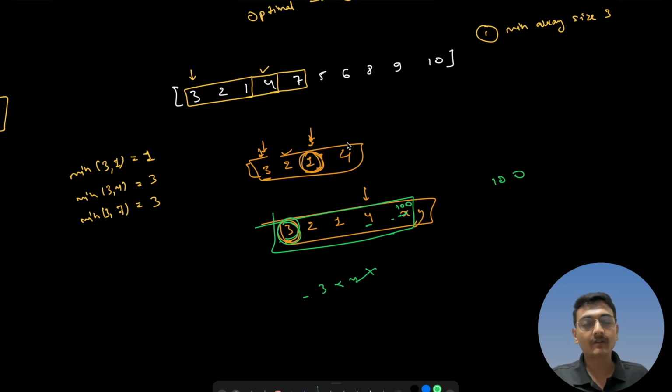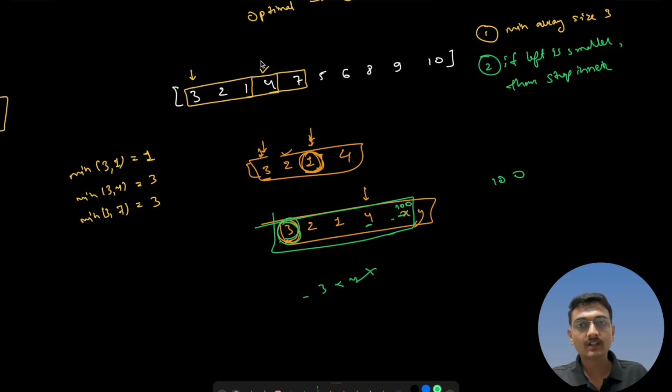So what is my observation? My second observation is, if left is smaller, then stop the inner loop. What is the inner loop? In the inner loop, I was moving here, then here, then here, then here, right?